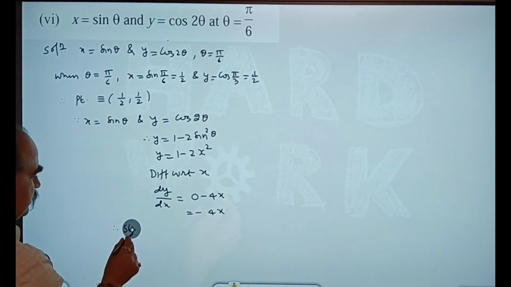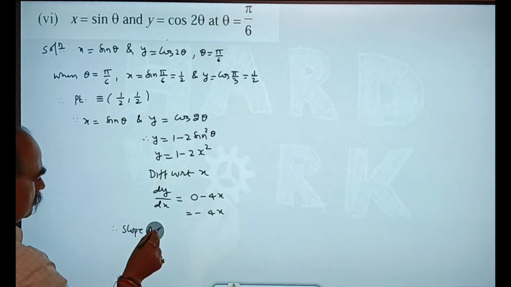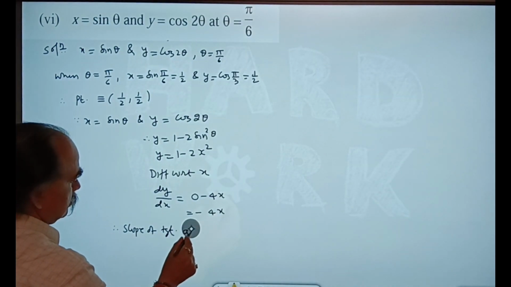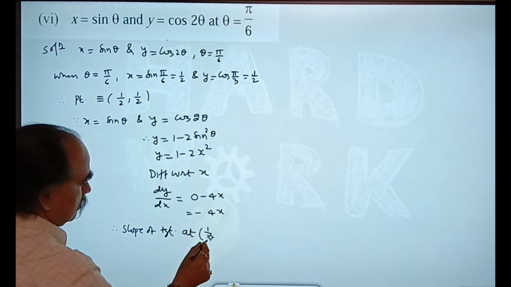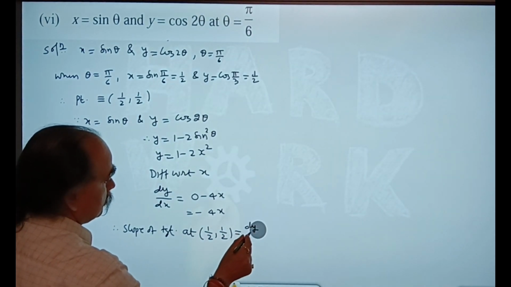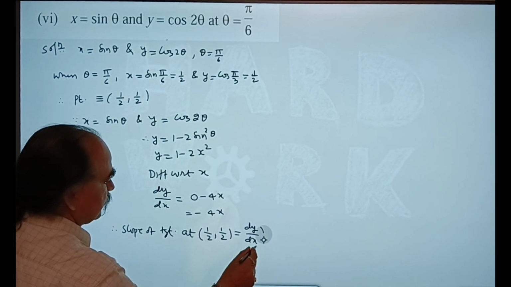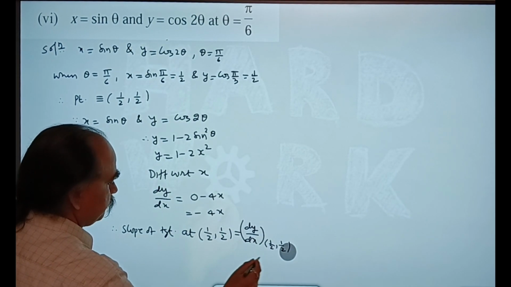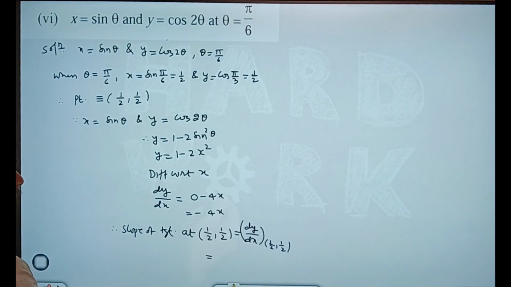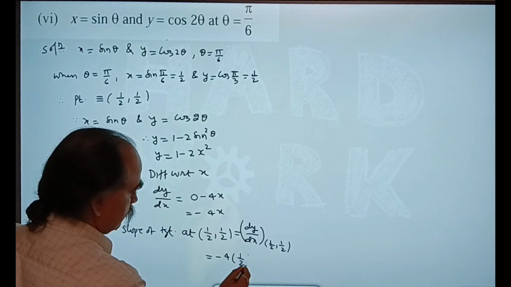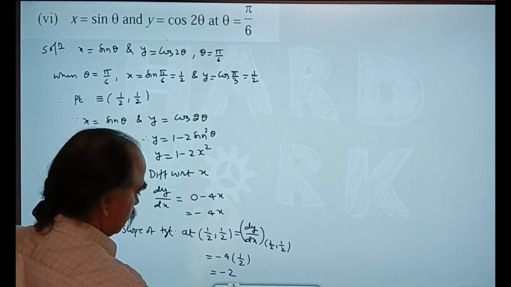So slope of tangent at half comma half is equal to dy by dx at half comma half, which is minus 4 into half, minus 2.